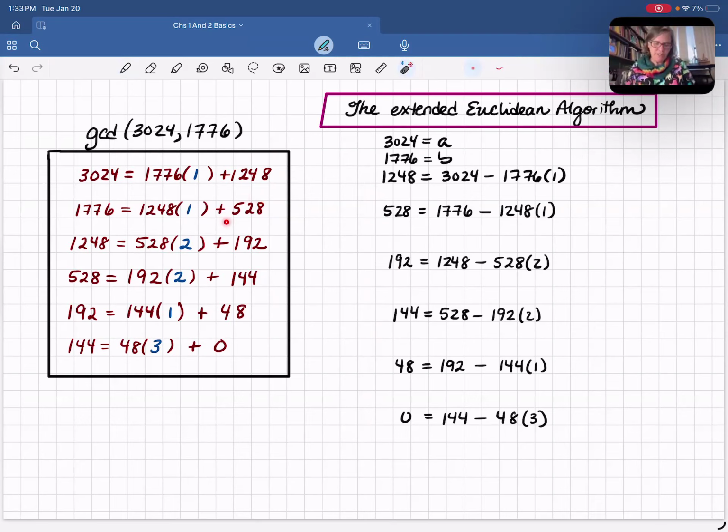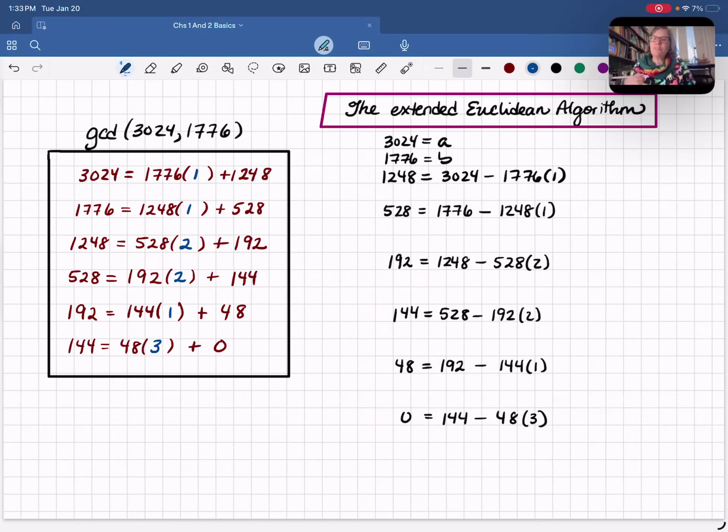Then I took the 528 and I solved for 528 by subtracting the 1248 to the other side. I solved for 192 by subtracting 528 times 2. That's right here. Okay, and so on all the way down. And so these numbers down here on the left of this middle part are the remainders in my normal Euclidean algorithm.